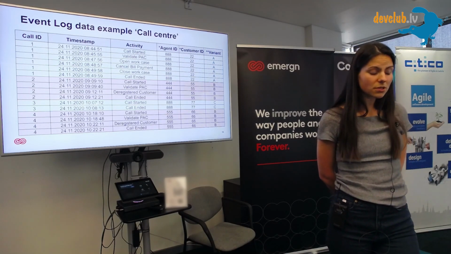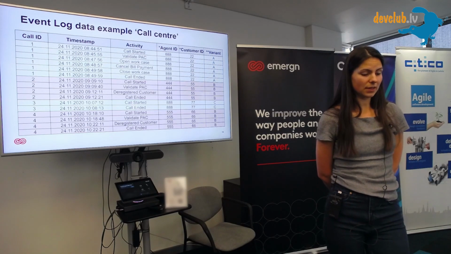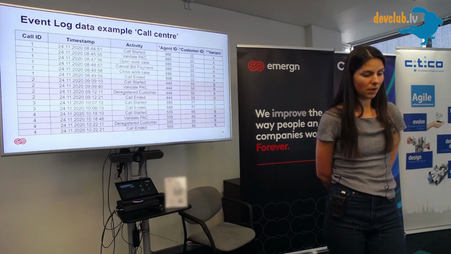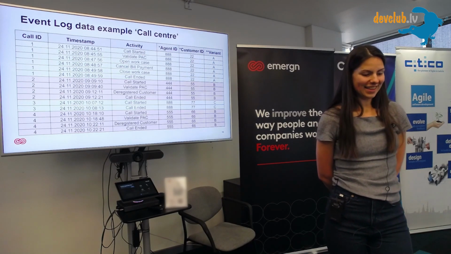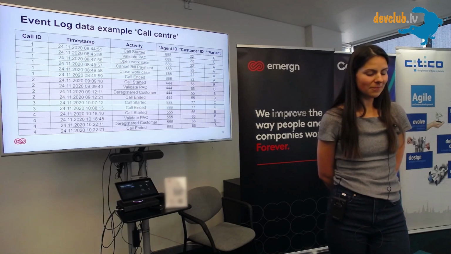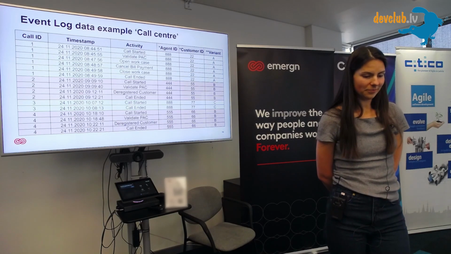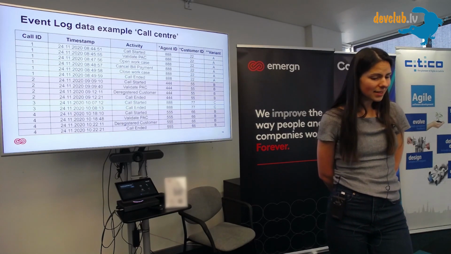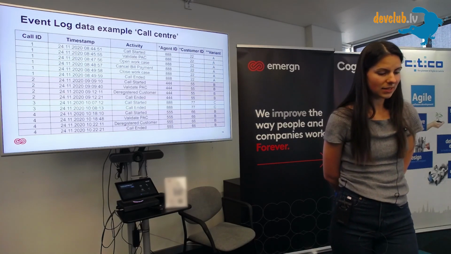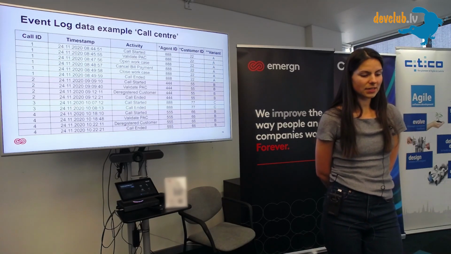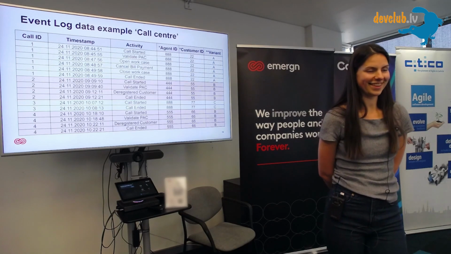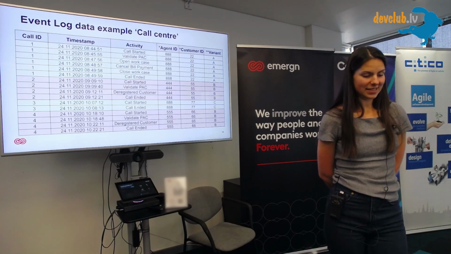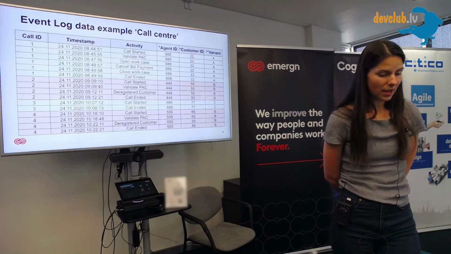So in the first case, we got the following activities. Everything started from call started, then was validate PAC. The next is open work case, then cancel bill payments, close work case, call ended. So here we can see that something happened, some processes happened behind these activities.